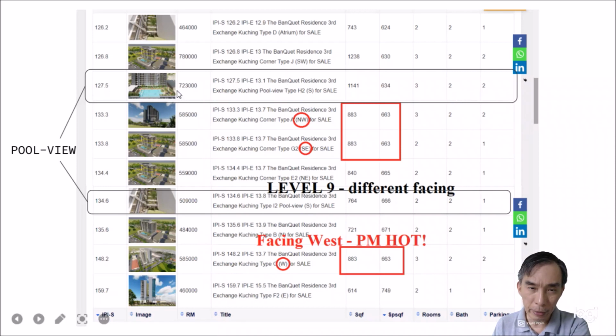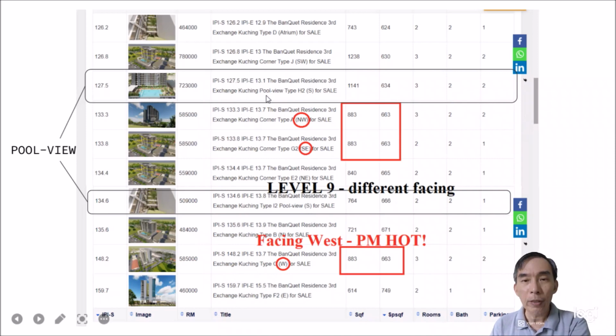That means they are getting this better benefit, they have to build into the price of 723,000. So having the pool view, this 723,000 for this unit doesn't seem to show it is expensive among the same level, not facing the pool view.